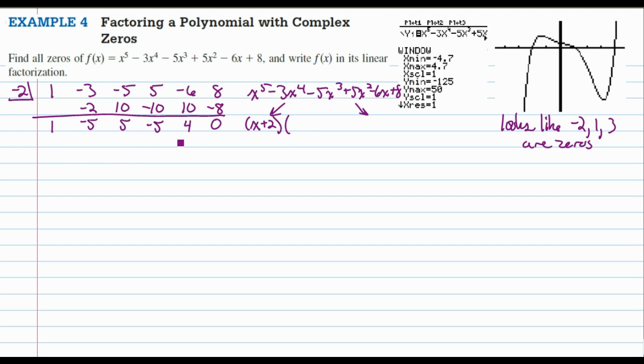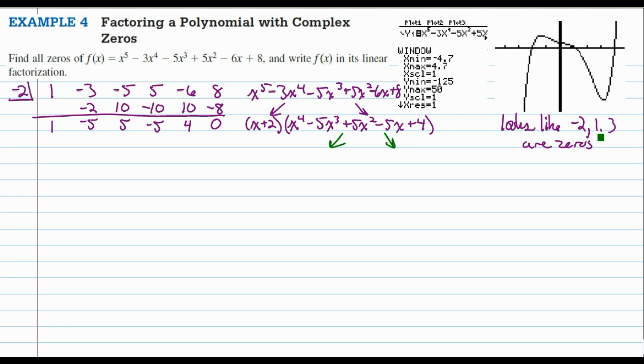Then what's left over is the constant, x to the 1st, 2nd, 3rd, 4th. So we have x to the 4th minus 5x cubed plus 5x squared minus 5x plus 4. Now I need to continue to break down that piece.